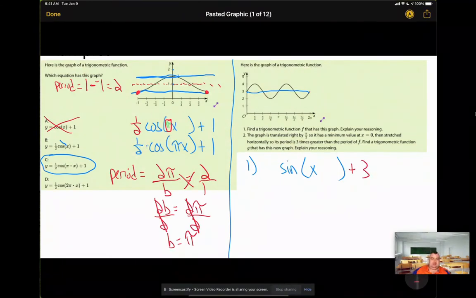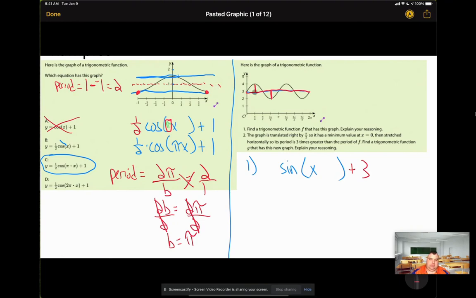Okay. The next thing I'm going to look at is the amplitude. So I know that the midline is at 3, which is right here. And I'm looking for either this distance or this distance. Because remember, the amplitude is the distance between the midline and either the high or the low point.